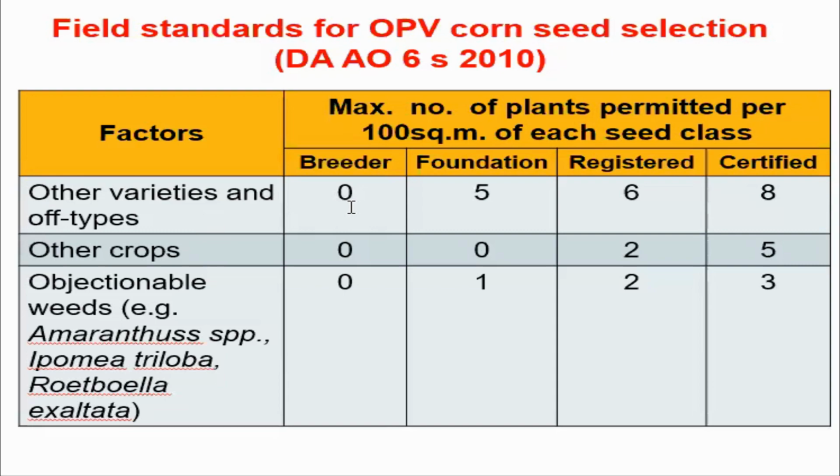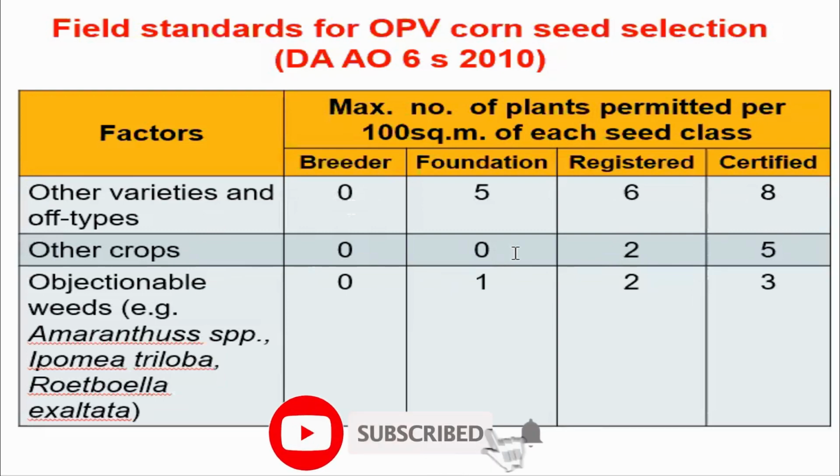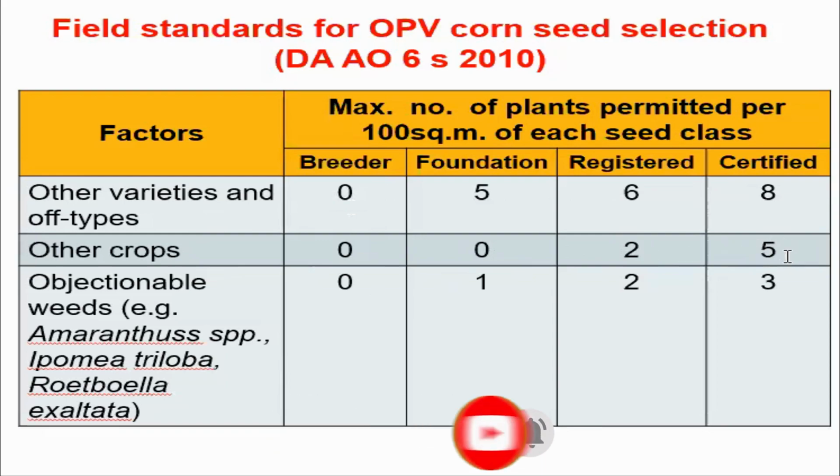On the breeder, zero is the grading. In the foundation, 5 is acceptable, registered is 6, and acceptable for certified is 8. For other crops, the breeder should be 0, likewise the foundation seed, but the registered seed is permitted with 2, and certified is permitted with 5.